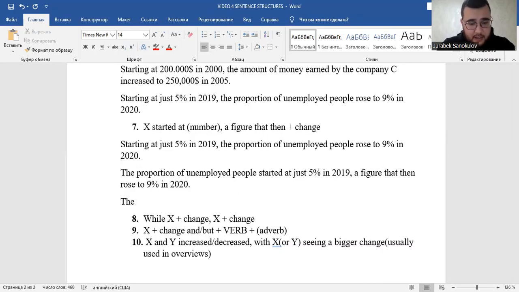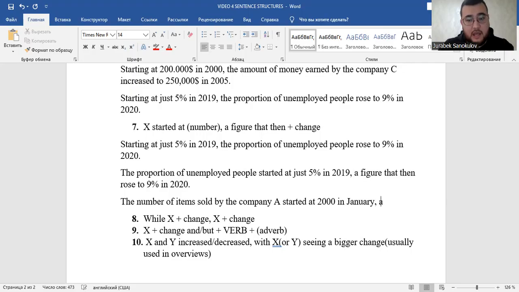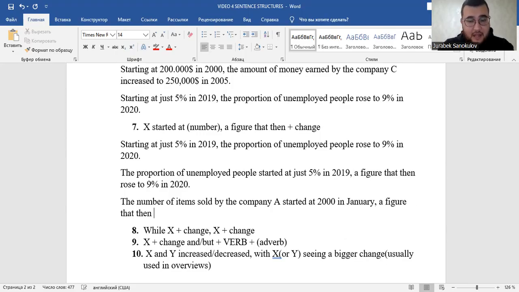The number of items sold by the company A started at 2000 in January, let's just say, a figure that then dropped slightly to 1900 in March, let's just say. That's it. Now let me explain it one more time.